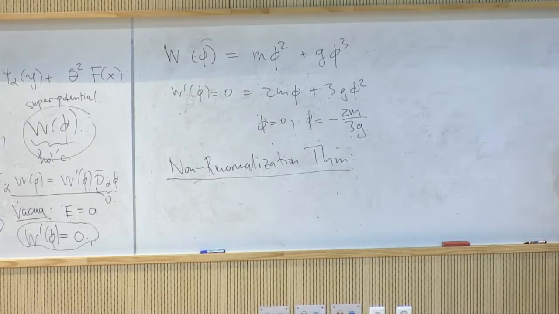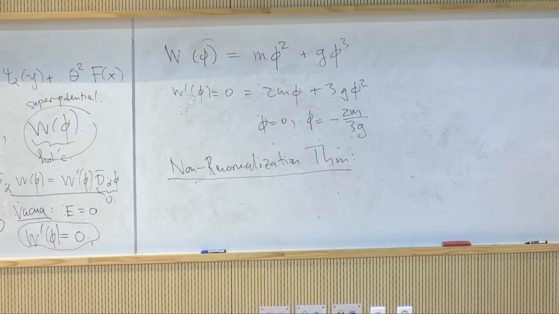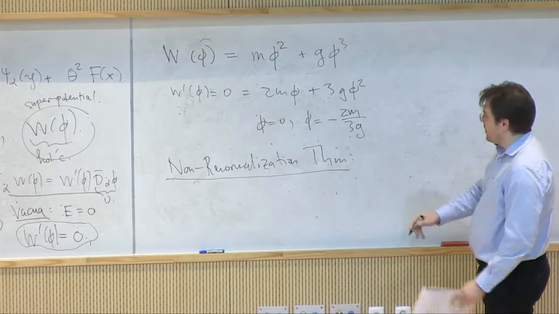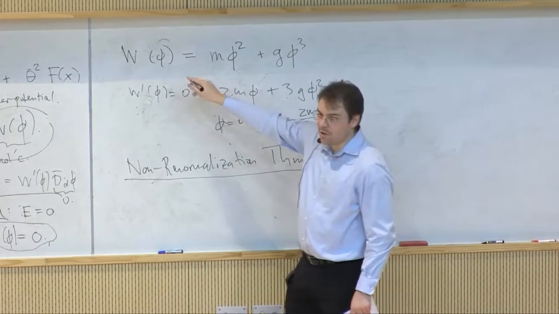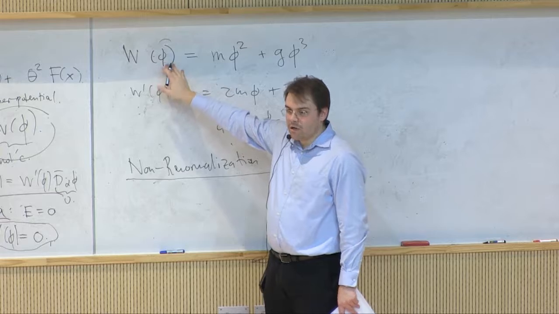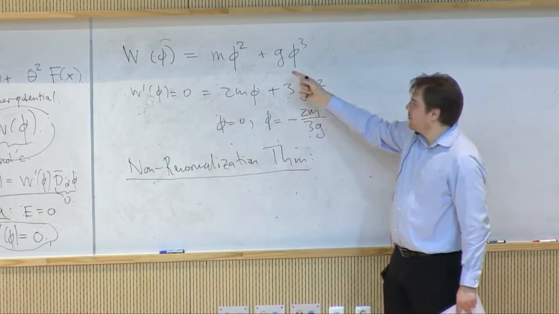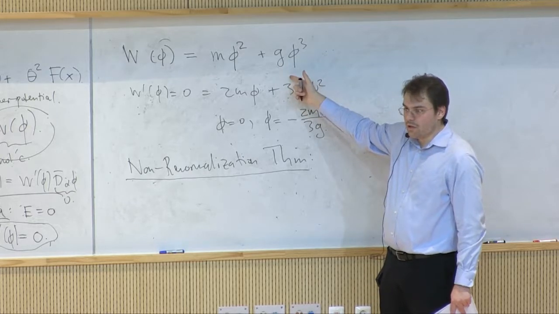And non-renormalization theorems in this context are the statement that the superpotential W, the holomorphic superpotential W, does not receive quantum corrections, even when you start computing corrections in G.